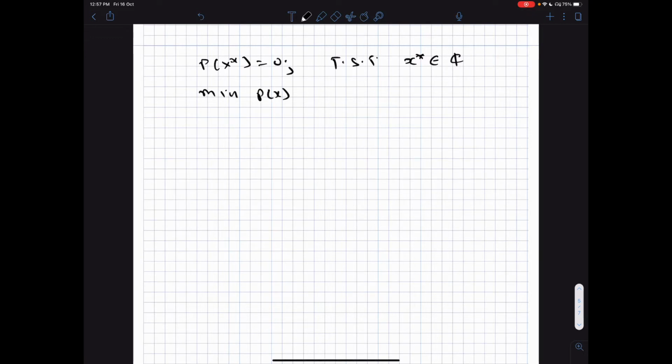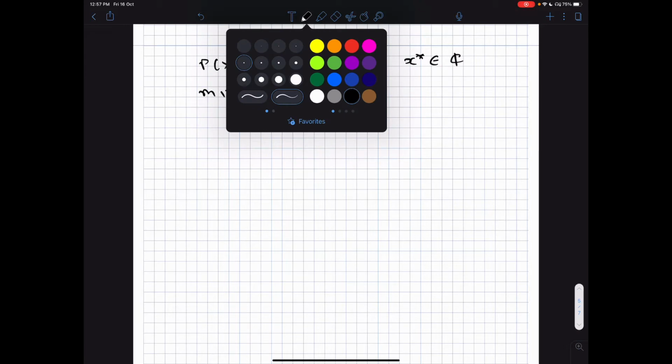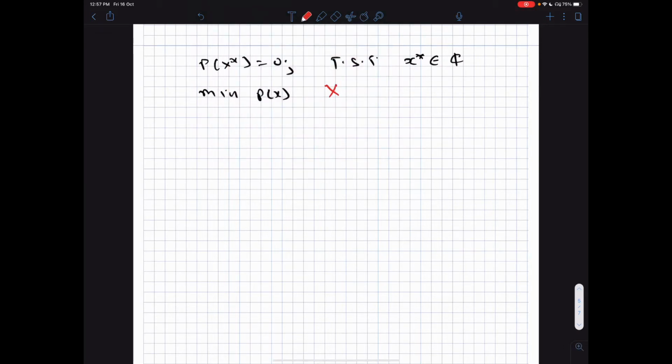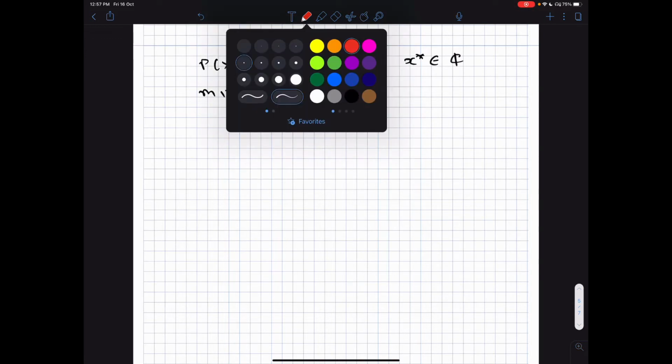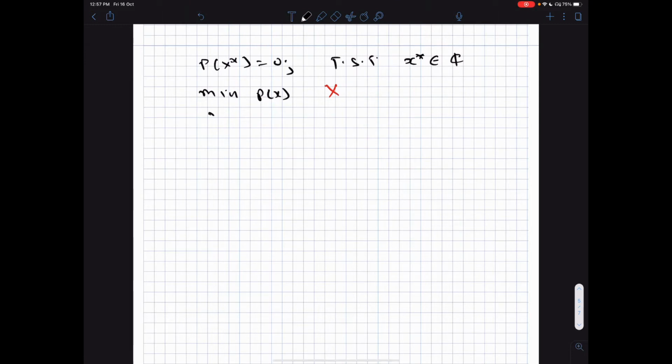No, it cannot work, is it not? Because what if it becomes negative? What if it becomes complex? So this will not work. Let us therefore refine this to minimize the modulus, or absolute value, of p of x.